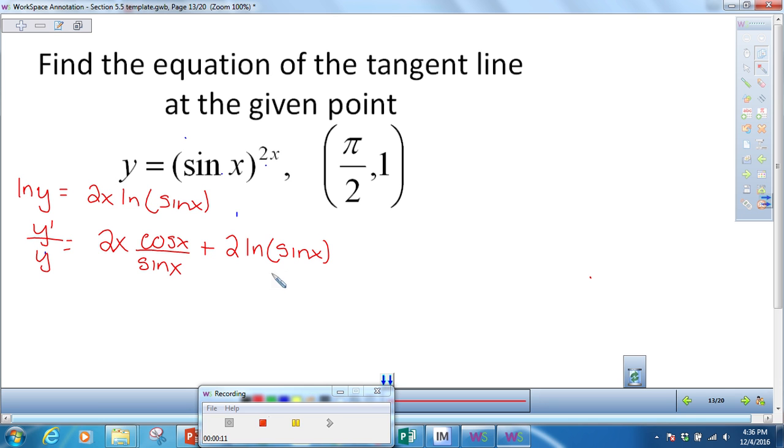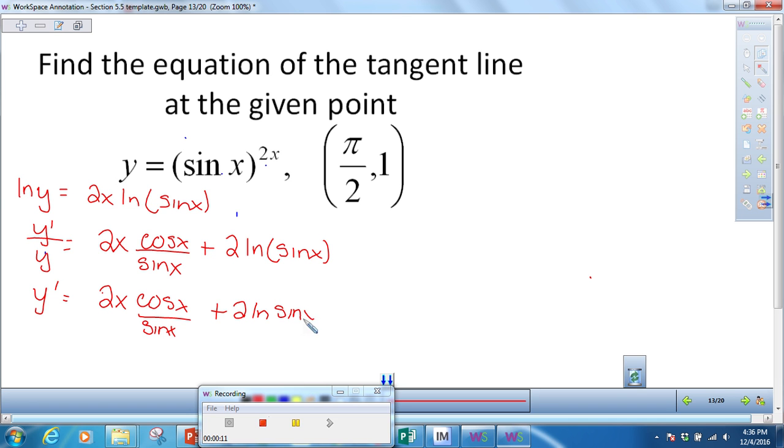Okay, and then y prime is equal to 2 to the x cosine x over sine x plus 2 natural log of sine x.